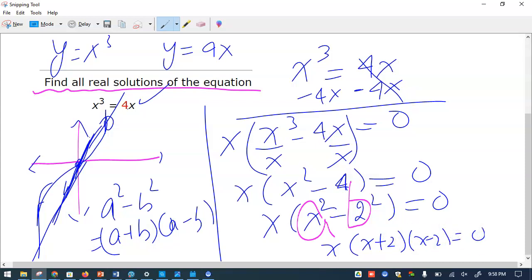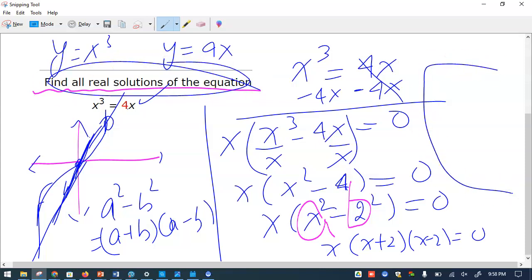And then the question is to find all the real solutions. The x which is there is basically x minus 0, right? So there are three parentheses or factors.